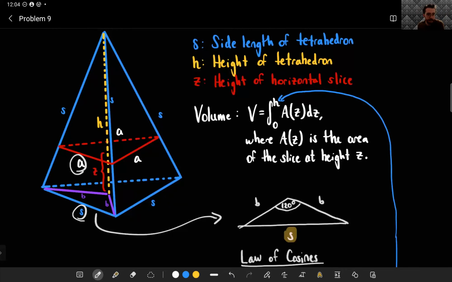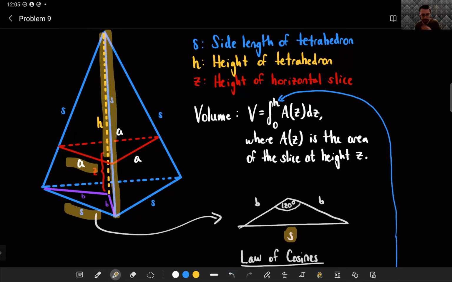A is going to correspond to S down here. And then what other component do I want to use? Well, you could pick a lot of things. But let's say I want to involve H in my ratio as well. And so I'm going to say, okay, the ratio of A to S is the same as the ratio of this portion of the altitude to the entire altitude. Okay, that's a valid thing I can do.